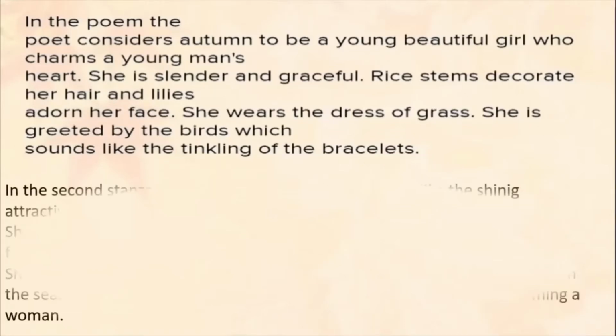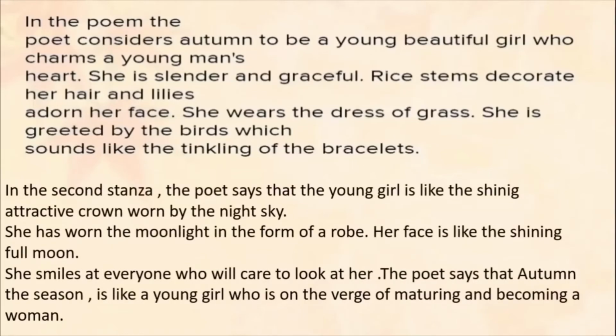Let's go to the second stanza now. In the second stanza, the poet says that the young girl is like the shining, attractive crown worn by the night sky. Okay, so she is like a crown made up of stars which is worn by the night sky. She has worn the moonlight in the form of a robe, and her face is like the shining full moon.